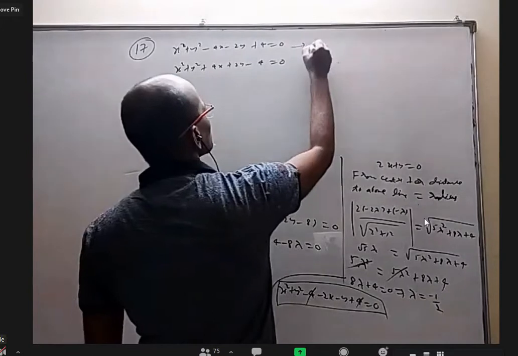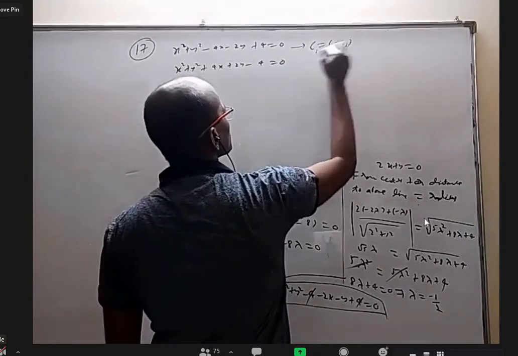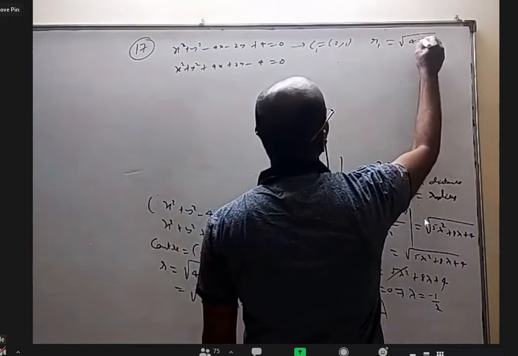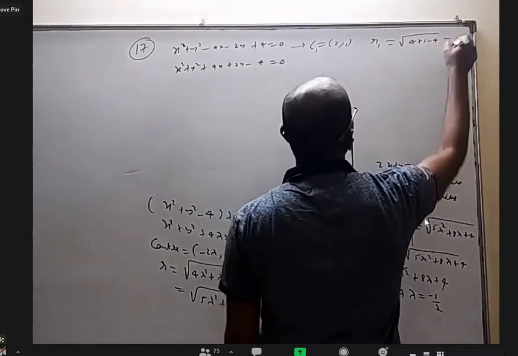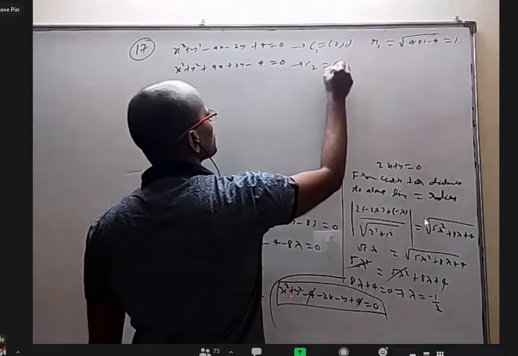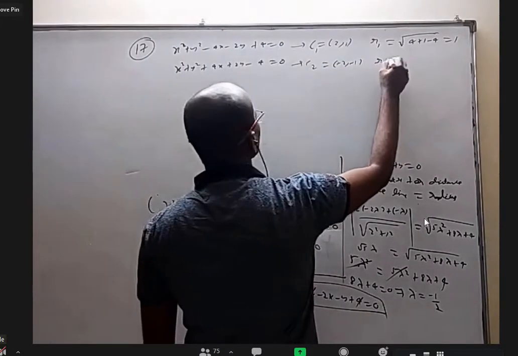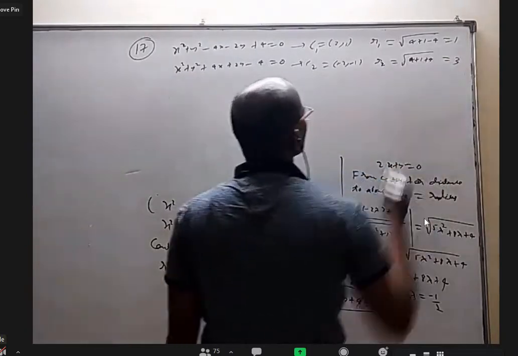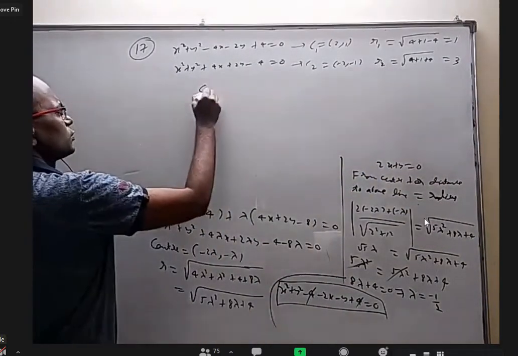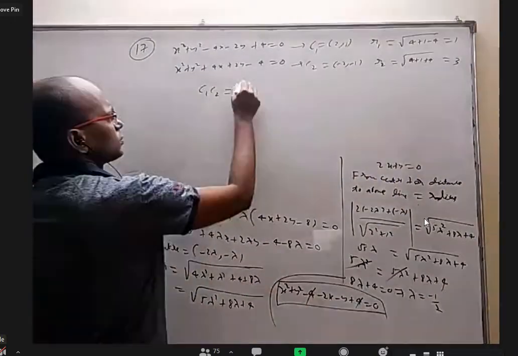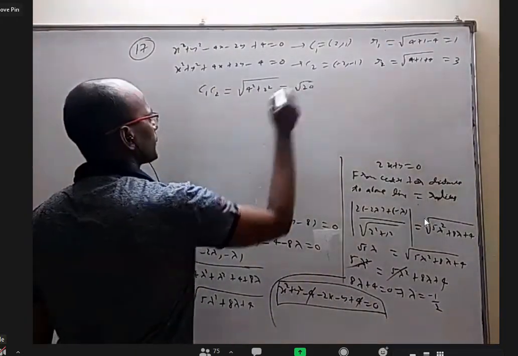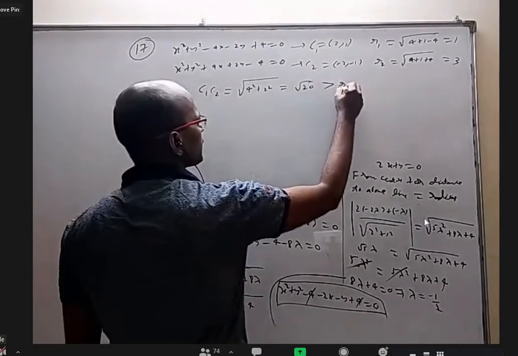Okay, here center C1 is 2 comma 1 and radius is root over 4 plus 1 minus 4, it will be 1. Here C2 is minus 2 comma minus 1 and radius R2 is root over 4 plus 1 plus 4, that is 3. And C1C2 is root over 4 square plus 2 square, root 20.